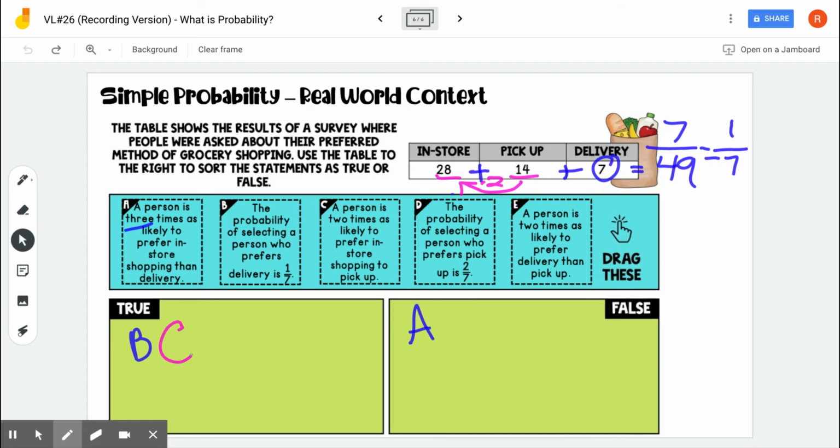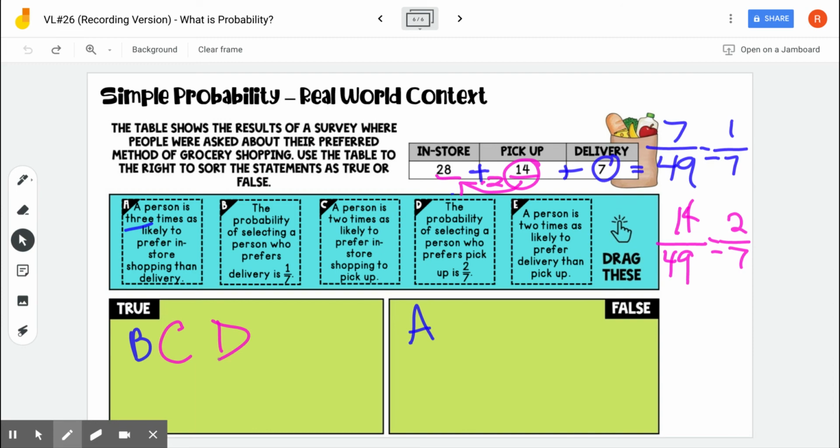So C is true. D, the probability of selecting a person who prefers pickup is 2/7. So 14 out of the total 49 people prefer pickup. And this fraction does reduce to 2/7. So D is also true.